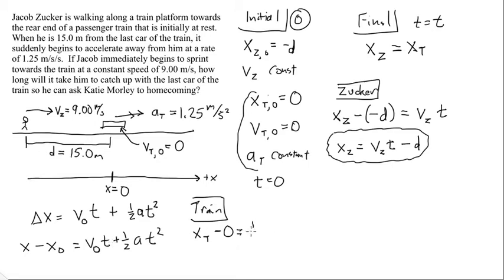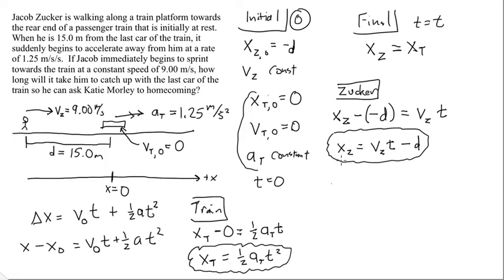And then we just go with 1/2 times the train's acceleration times t squared. So x for the train equals 1/2 acceleration of the train times t squared. Okay, actually I'm not going to box that because it's not an answer. I'm going to start with this little squiggly thing around it, like this.